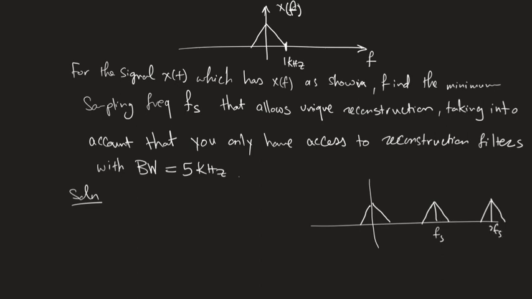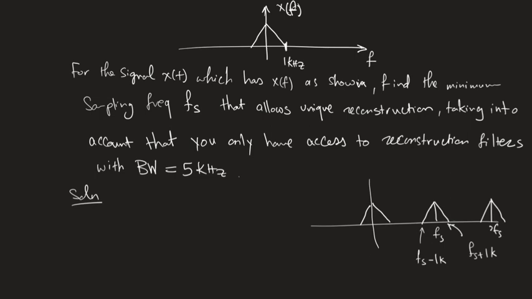And the bandwidth of this signal is equal to 1 kilohertz. So this point is Fs minus 1 kilo, right? And this point is Fs plus 1 kilo. Are you all with me? What I'm saying is correct?